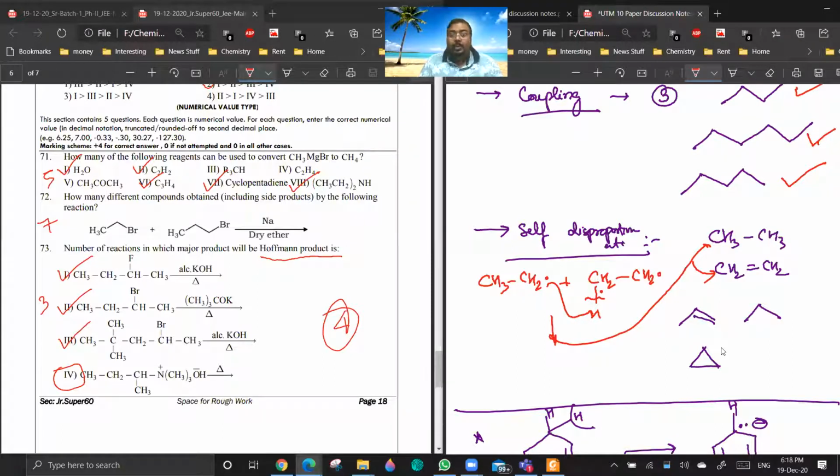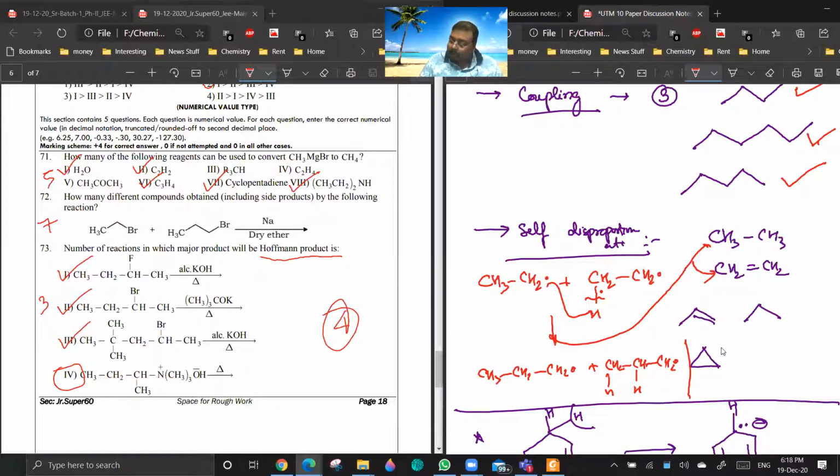Two unpaired electrons on adjacent carbons will form a pi bond. Is it clear? Yes, sir. Similarly, if you are having CH3CH2CH2 dot, and it is reacting with another CH3CH2CH2 dot, now you see there are two options here.